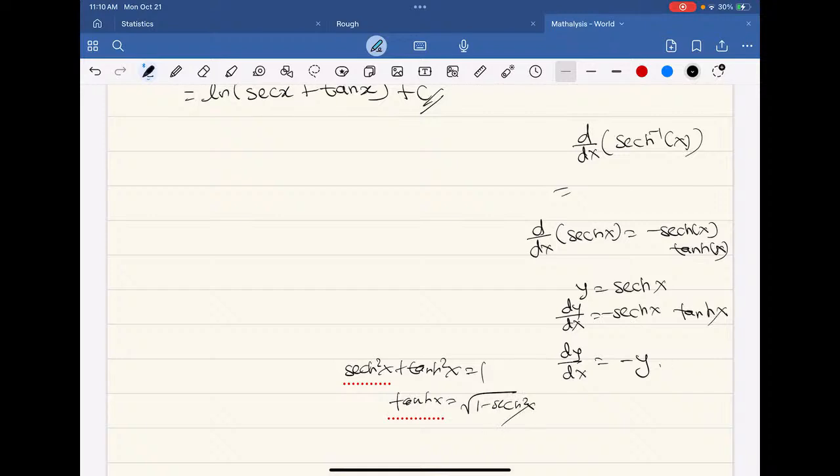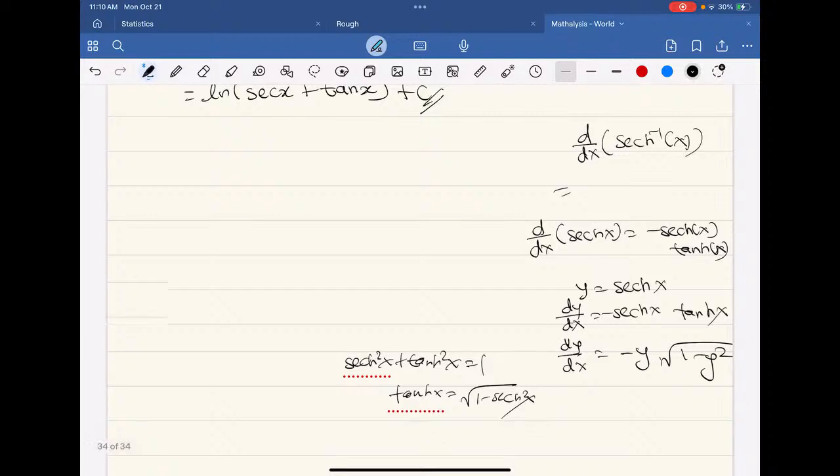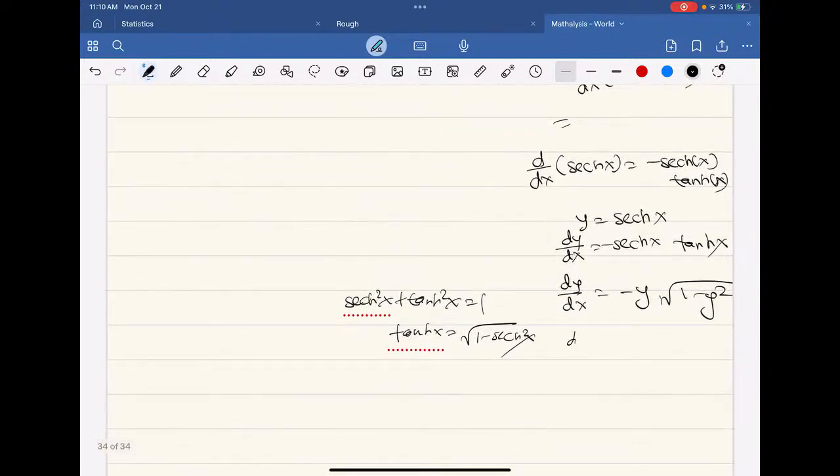So tanh x will be the square root of 1 minus y square, because y is sech x. So then dx by dy will be minus 1 by y root 1 minus y square, right?